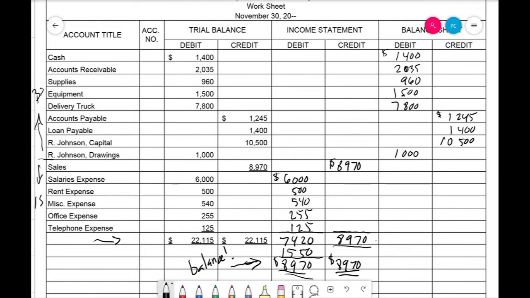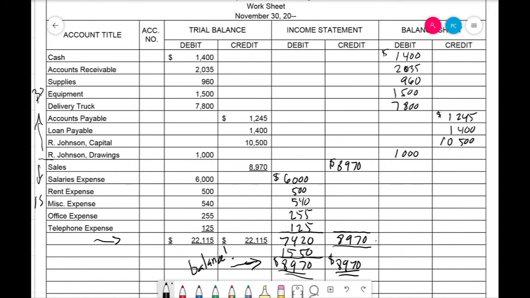Okay, so again, we're going to add our debit side. So we're going to take 1,400. We're going to add 2,035, and we're going to add 960, and we're going to add 1,500, and then we're going to add 7,800.